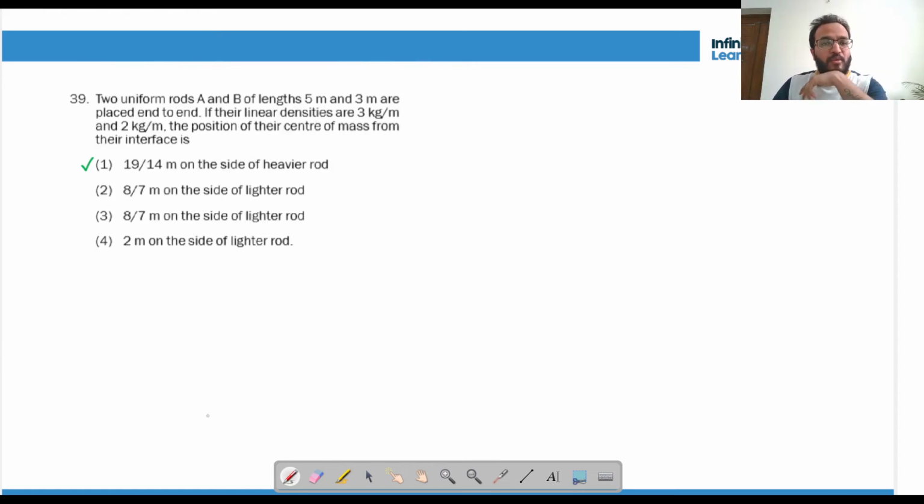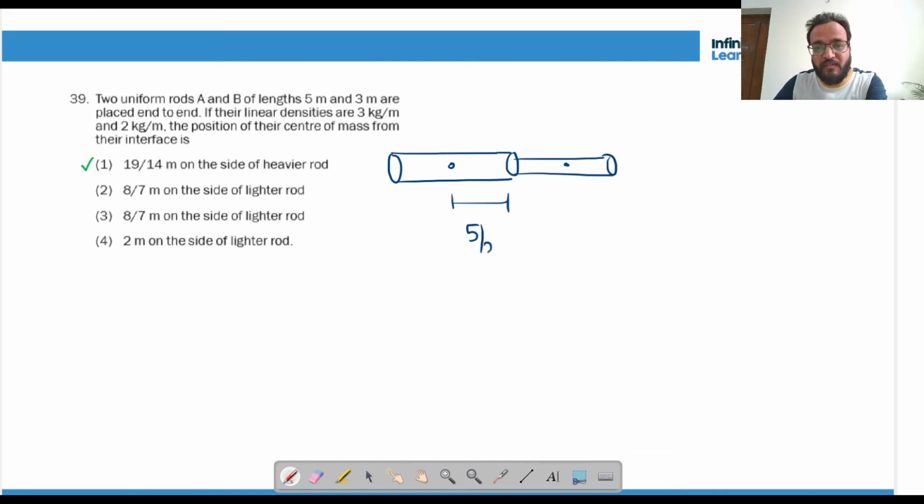Now two uniform rods A and B of length 5 and 3 meter are placed end to end. Okay, now this is important. Two uniform rods, one is of length 5 meter, another one is of length 3 meter, right? So their centers of mass are here. This is 5 by 2 meters, and this is 3 by 2 meters. Got it?